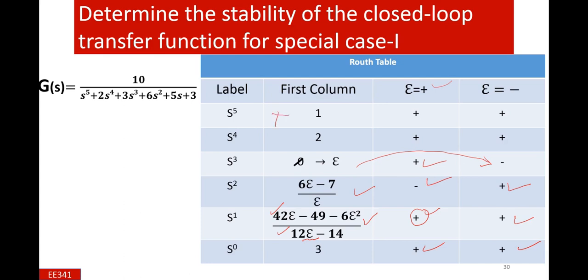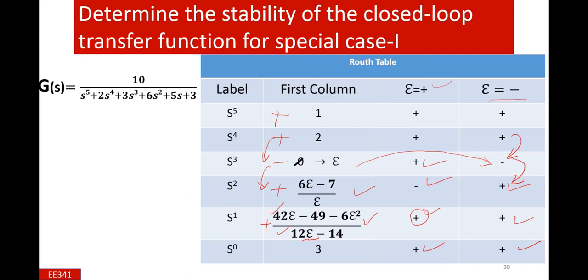If we take epsilon positive, there are two sign changes in the first column, and similarly if we take negative epsilon, again there are two sign changes in the first column. In both cases we find two sign changes in the first column.